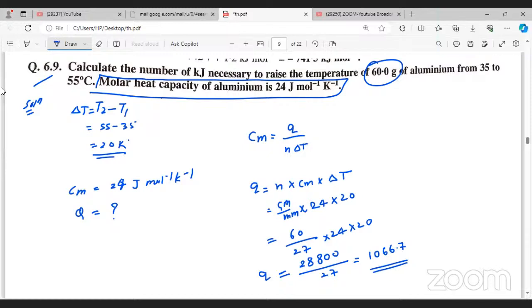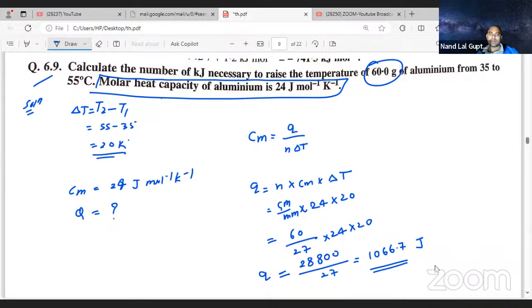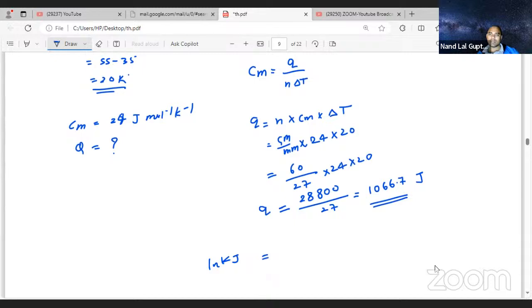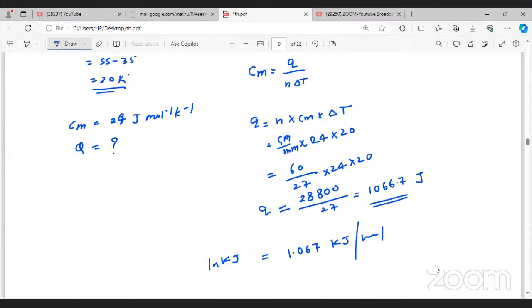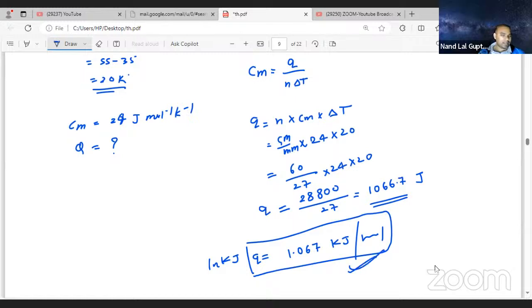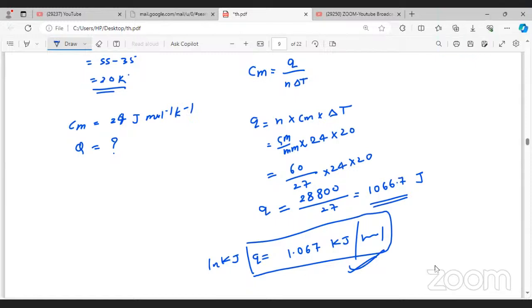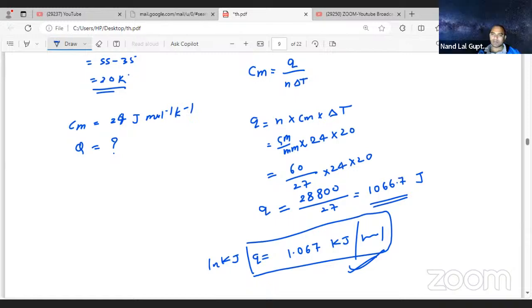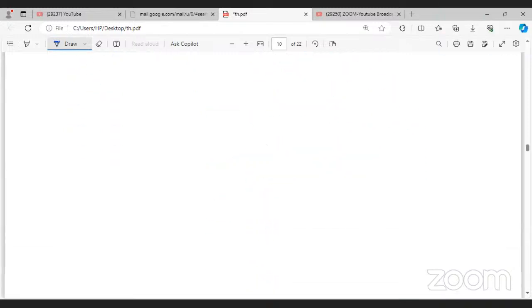Q will be joule. So if you are converting into kilojoule, in kilojoule it will be 1.067 kilojoule. Okay, great. Can we move to the next question? Yes, sir. You can ask if you are facing the problem, please. No, no, sir.